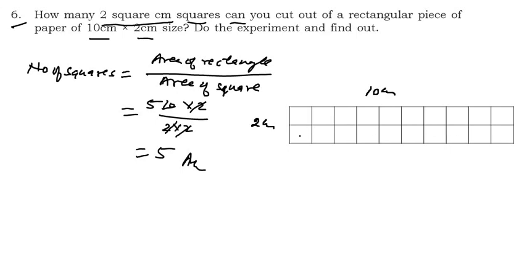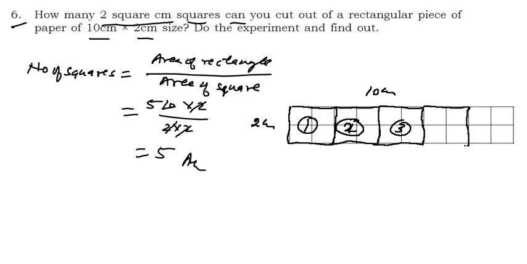So here is 1, 2, 3, 4, 5, 6, 7, 8, 9, 10. Now you can cut it into 2 square centimeter squares. First square is 1. And second square is here, 2 into 2. That is the 2. And here is the third square. And here you can see the 4th square. And it is your 5th square. That is the verification of the answer. So you can prove this.